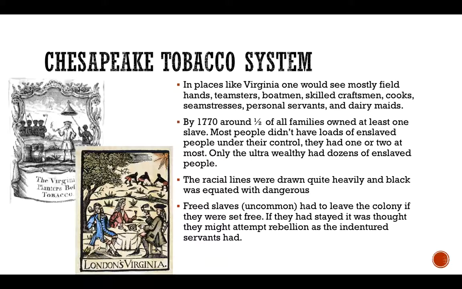It became clear within this system that the racial lines were drawn quite heavily. If someone was of African descent, if they were Black, that would be a signifier that they were an enslaved person. And they often equated this with being dangerous.